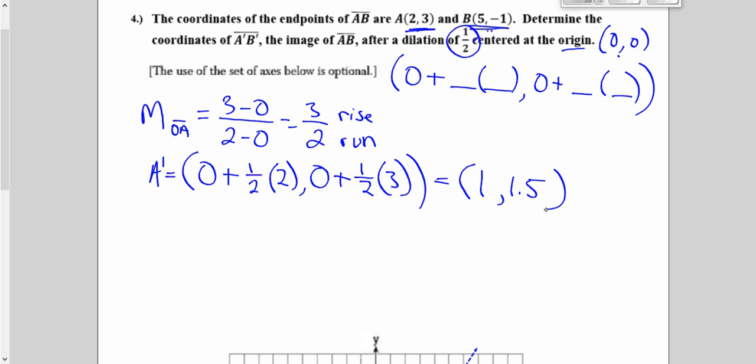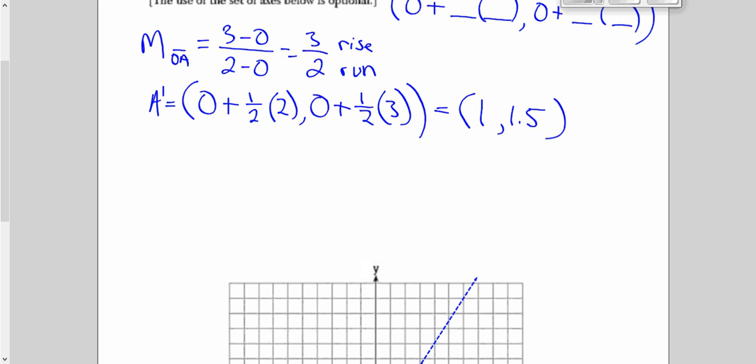Do the very same thing for B prime now, all you guys. We'll see if you can get it right. Let's get the original rise and run for B prime. So the slope of O to B originally is what minus what over what minus what?